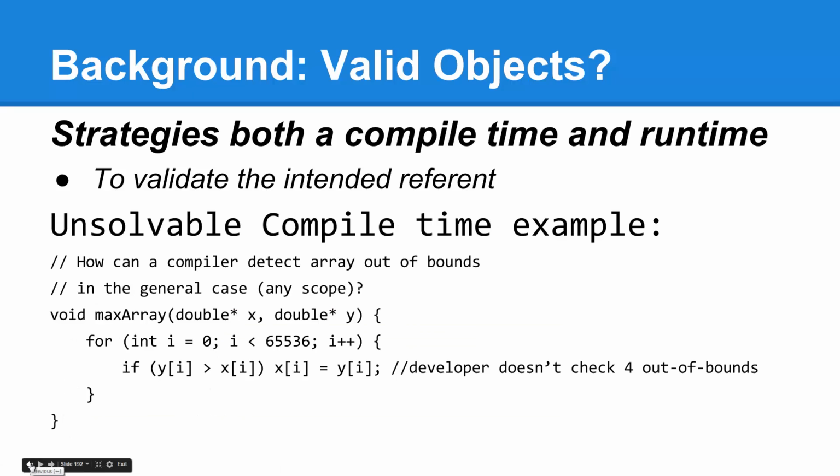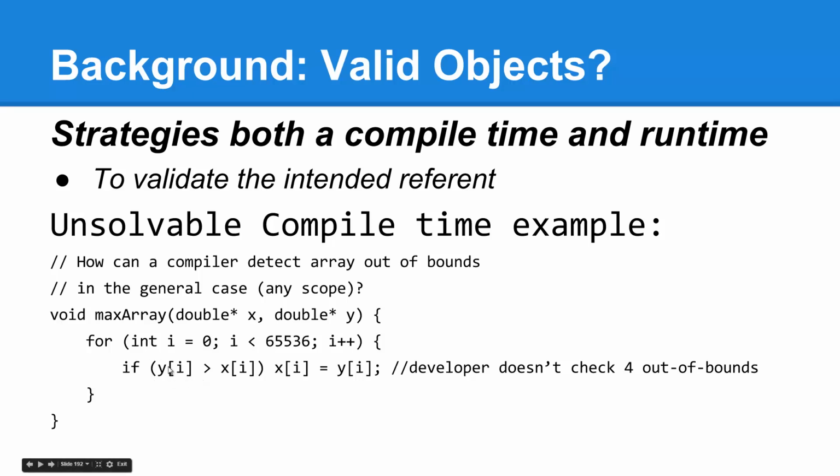There are other types of issues that simply cannot be determined at compile time, such as doing array access for the intended referent. It is sometimes, in some cases, impossible to determine if this goes out of bounds of the intended referent object.